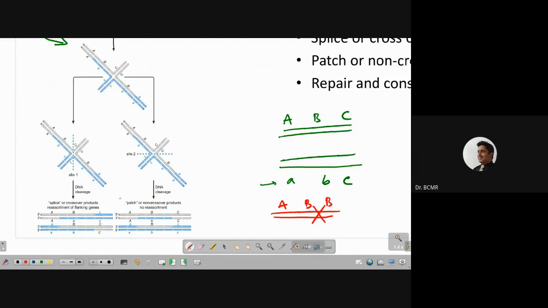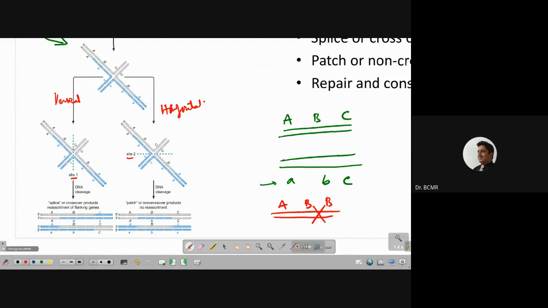Resolution can happen in two directions. One is called site 1 and the other one is called site 2. For our ease, I'll call this vertical and you can call this horizontal.